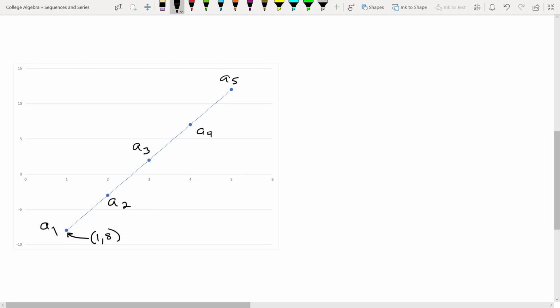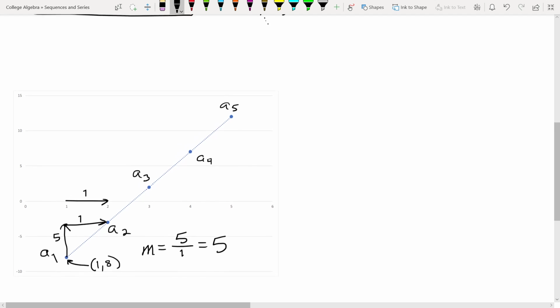We can see that as we run 1 unit, we rise from A1 to A2 by 5 units. We run 1 unit. That means the slope, m, is 5/1, which is just 5.